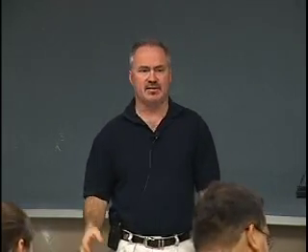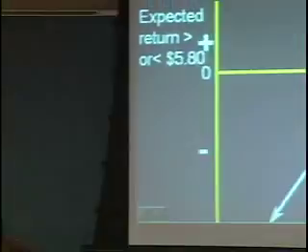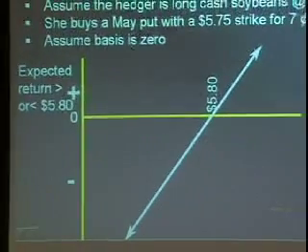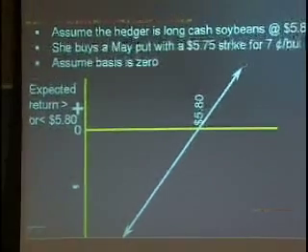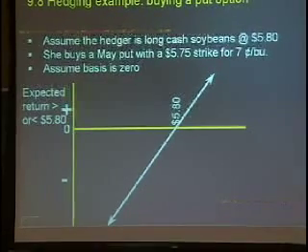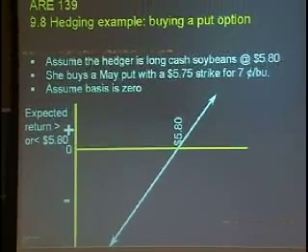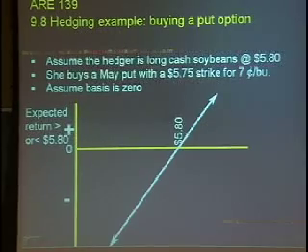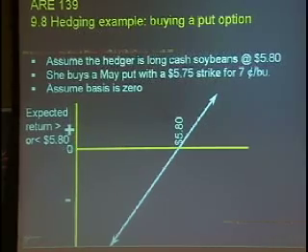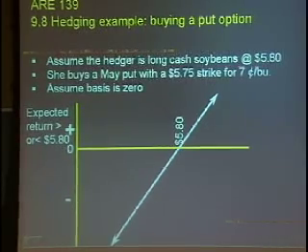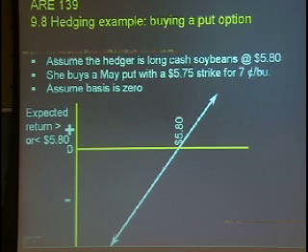Okay, let's graph this example. So bear with me, we're almost done. So we have a long cash position. You know how to draw that payoff chart. It's our familiar looking 45-degree line. We have the expected return here, the expected price received above or below 580 on the vertical axis, right?